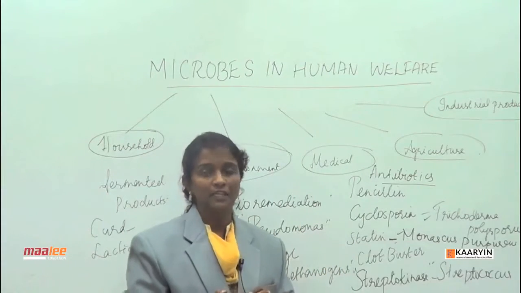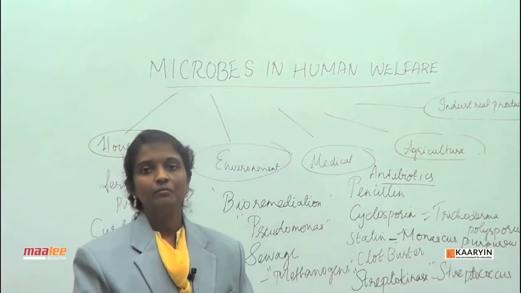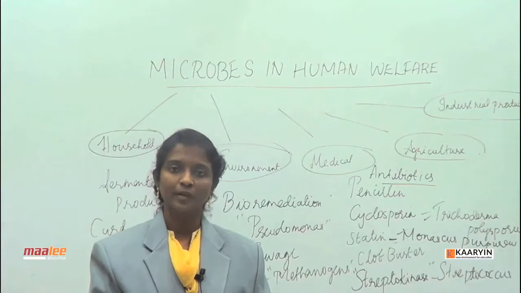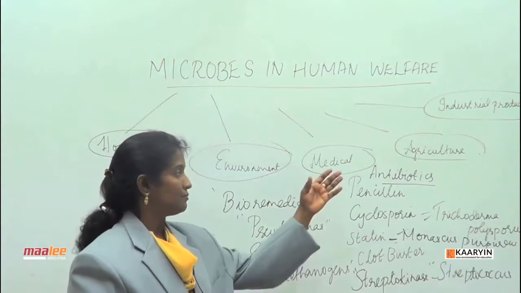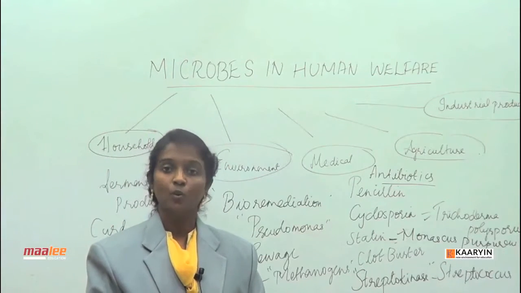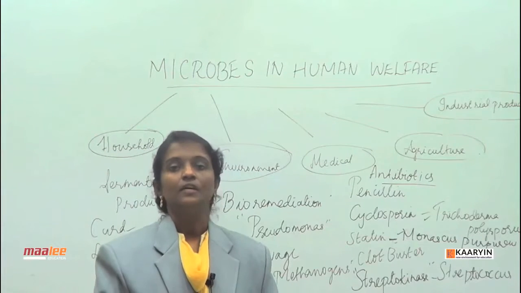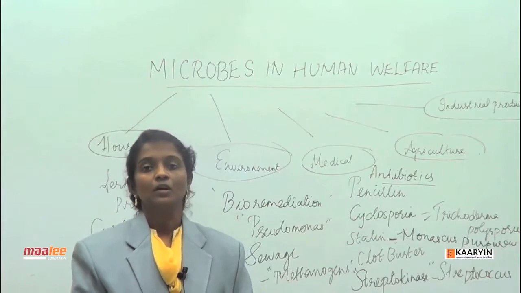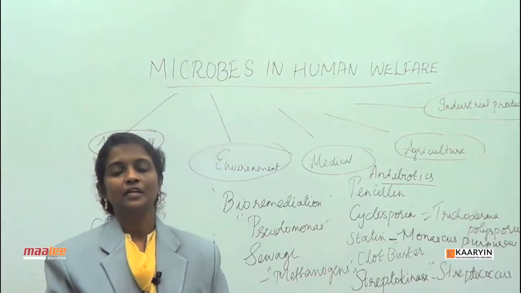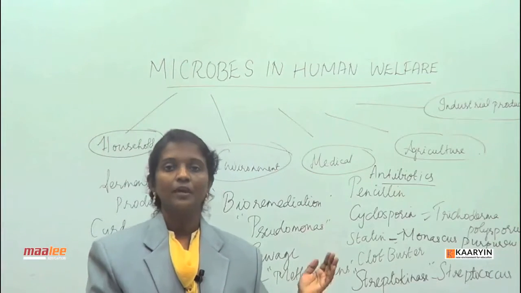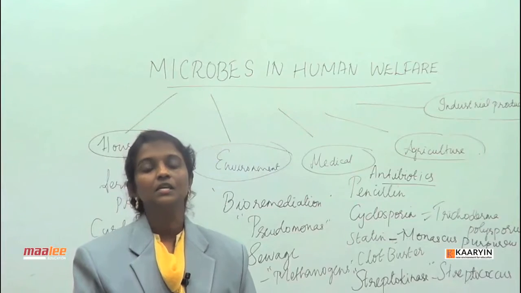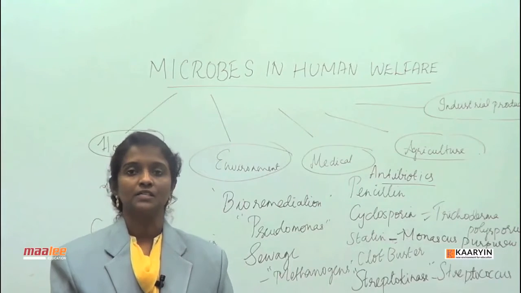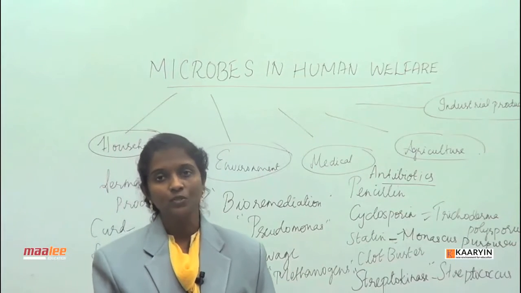We have biofertilizers like Rhizobium, Anabaena, Nostoc, Azospirillum, Azotobacter, which are effective biofertilizers, because we know chemical fertilizers affect our soil and cause soil pollution and water pollution. A strategy we can adopt is going away from chemical fertilizers and thinking of biofertilizers. Biological fertilizers are eco-friendly to the environment.